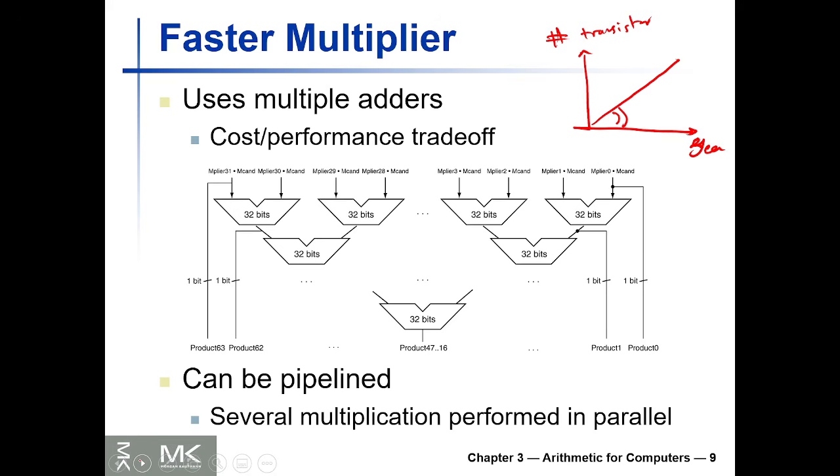So here is the architecture for 64 bits when you have 32 bits basically. As you see here, this is one result which comes from bit 0 of the multiplier, and this is the second result that came from bit 1 of the multiplier, bit 2, bit 3 until bit 31, of course 32 bits.